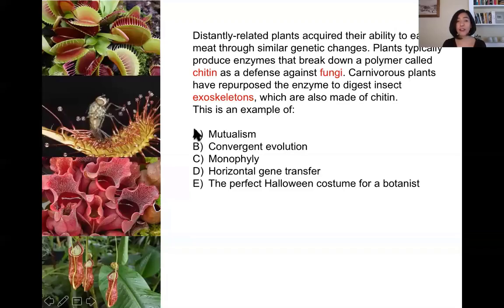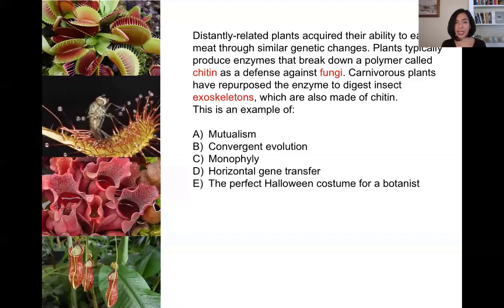So I have a question for you. Distantly related plants acquire their ability to eat meat through similar genetic changes. Plants typically produce enzymes that break down a polymer called chitin as a defense against fungi, right? Because fungi like to eat plants, so the plants really have to evolve to defend themselves against fungi.